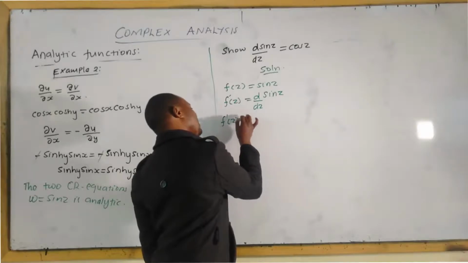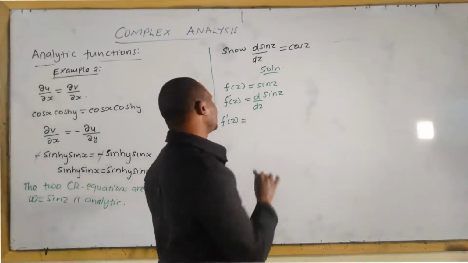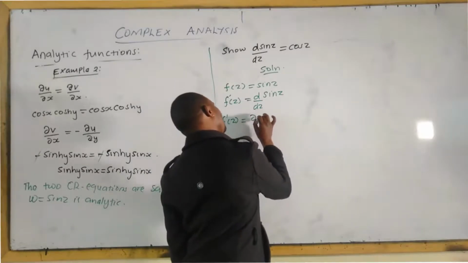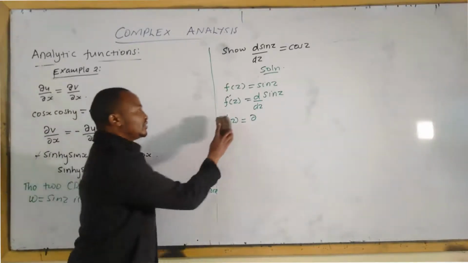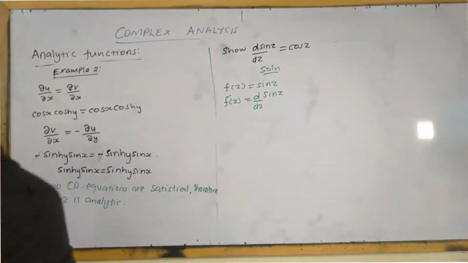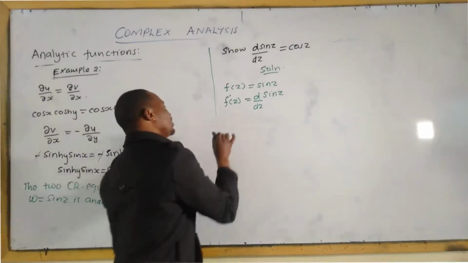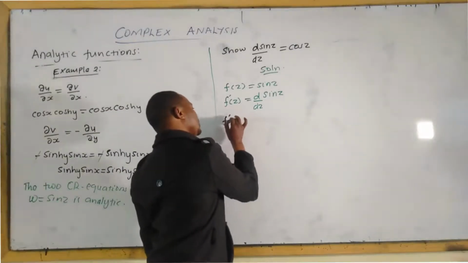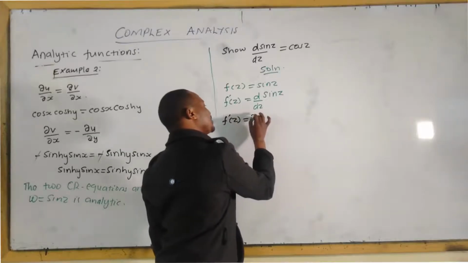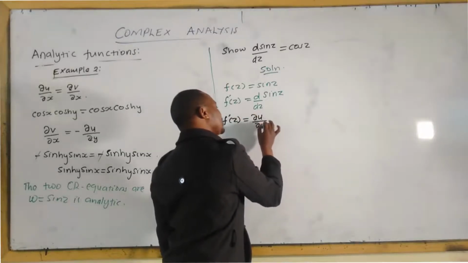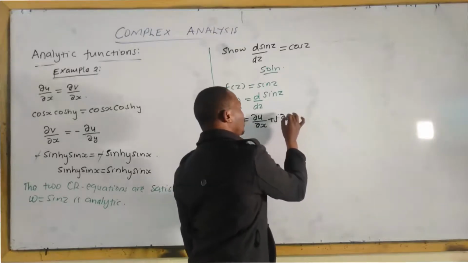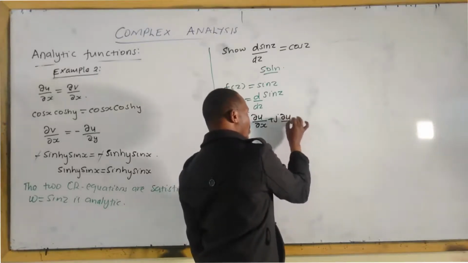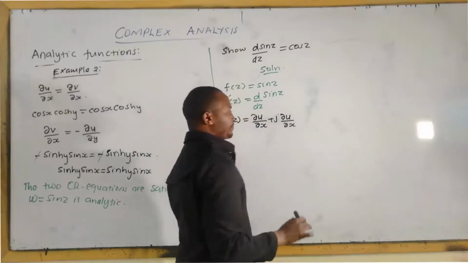Derivative of function Z is equal to, let me write this one with a different color, it might be U, the partial derivative of U with respect to X plus J partial derivative of U with respect to Y.